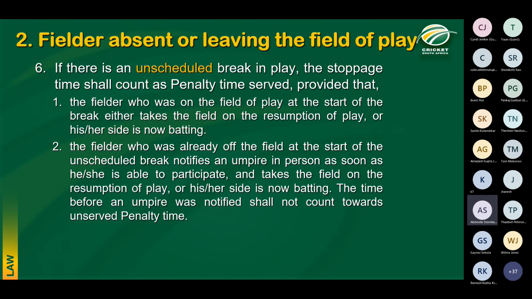So you cannot apply point number 1. You need to apply point number 2. Because Cindy was off the field at the start of the interruption, what does Cindy need to do to offset the unscheduled break against penalty time that she owes? She needs to personally notify either of the umpires when she's fit again. So let's say it starts raining at 12.